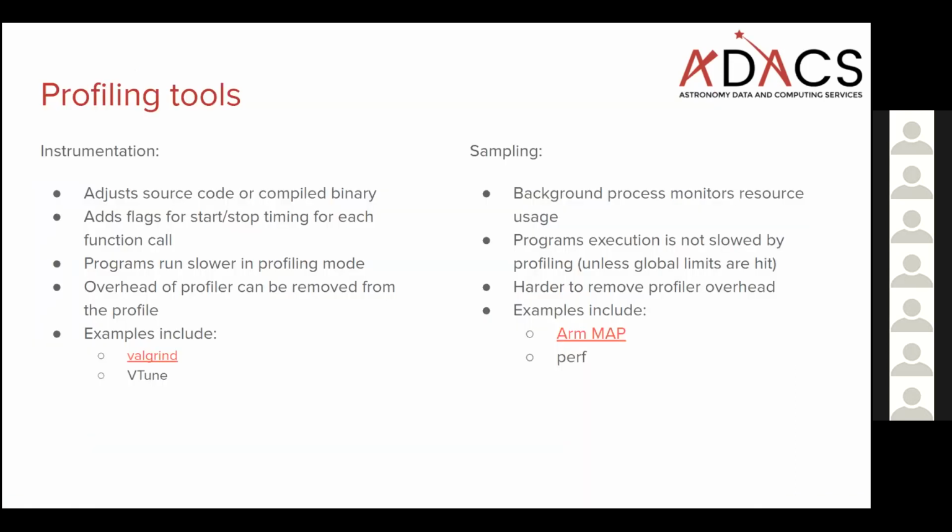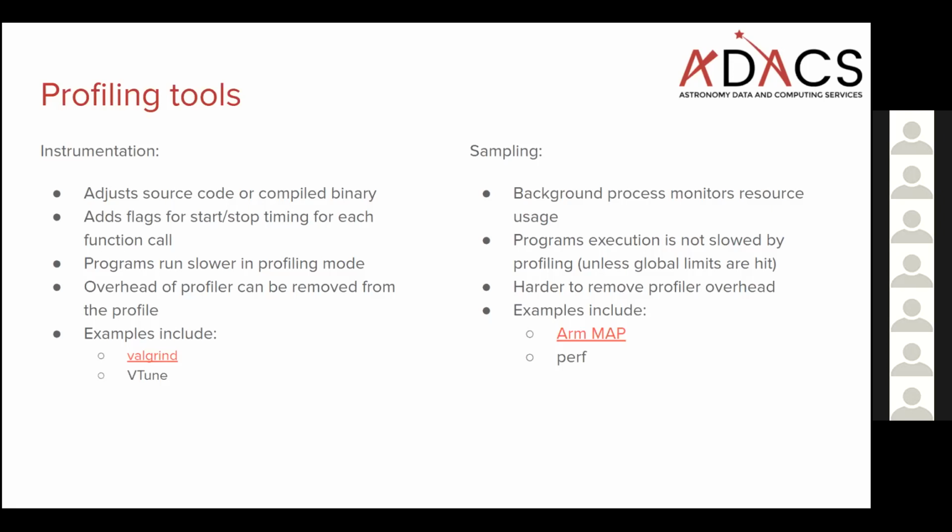All right. So if we want to get more detailed than that, we're going to have to go into some more specific profiling tools. So there's typically two types of profiling tools, and they're called either instrumentation or sampling. Instrumentation is typically where you adjust the code, the program that's being run, either by changing the source code or by adding extra things into the compiled binary.